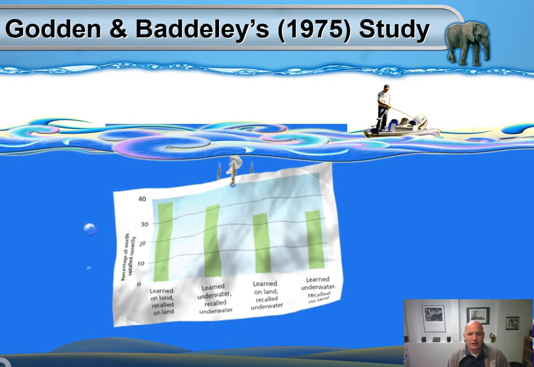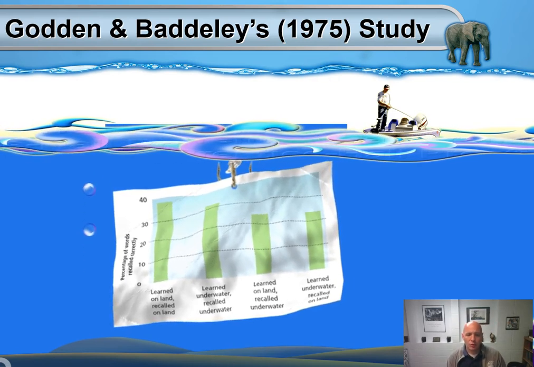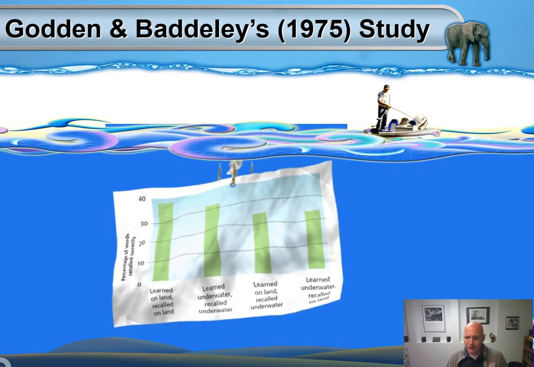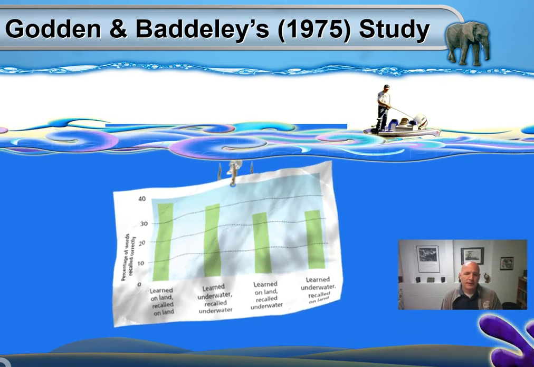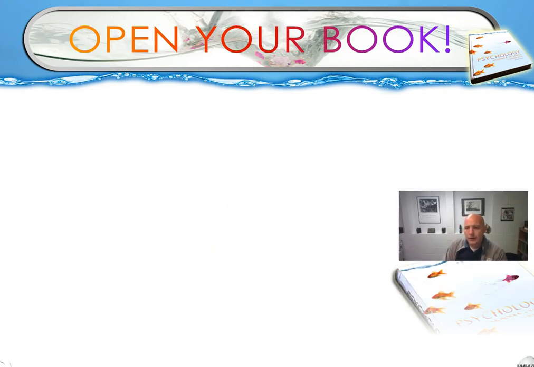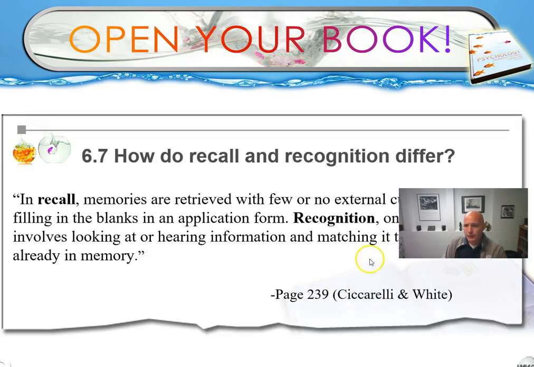What they found is that when they're learning things underwater, if they're recalling underwater, they do significantly better. If they learned on land, they would be better recalling it on land. So what's interesting here is that if we can approximate the environment that we are learning in when we're studying, if we can keep things kind of consistent, it should help some.